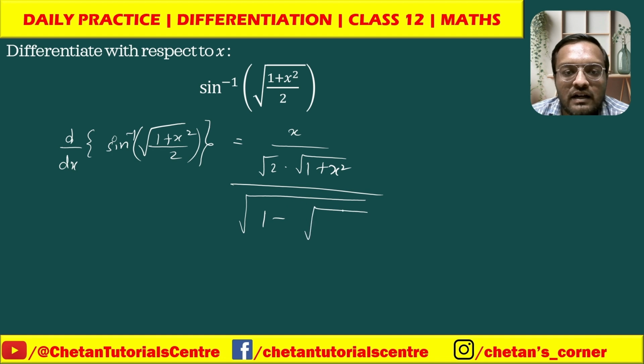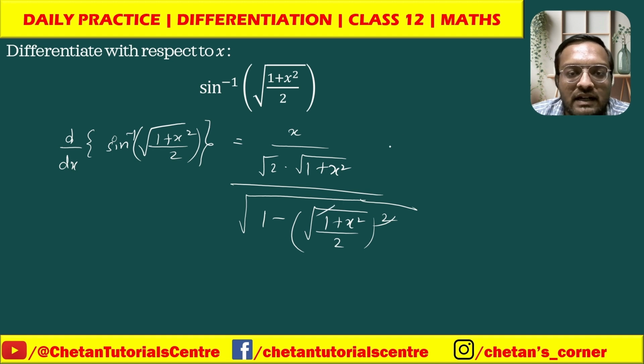F of x is under root of (1 plus x square) divided by 2 bracket raised to 2. So this square and square root will get cancelled. Then what I will be left with?